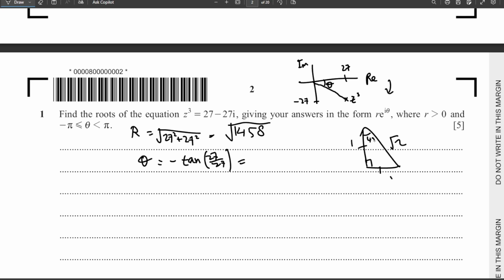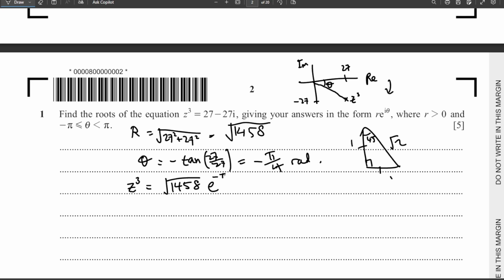So at 45 degrees, the opposite and adjacent are 1. Therefore the answer will be negative pi over 4, since 45 degrees is pi over 4 radians. So z cubed is the square root of 1458 times e to the power of theta i.